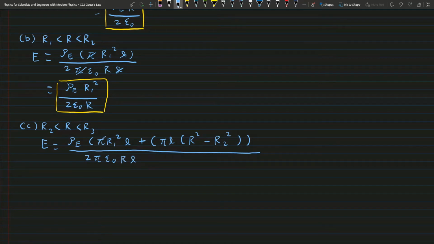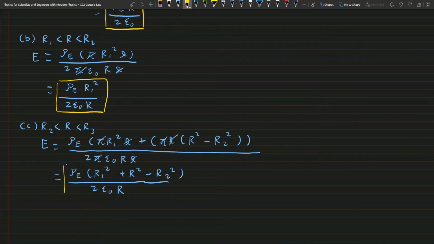Again, the pi can cancel out and the L can be cancelled out. We get rho E times R1 squared plus R squared minus R2 squared over 2 epsilon naught R. This is the answer for C.